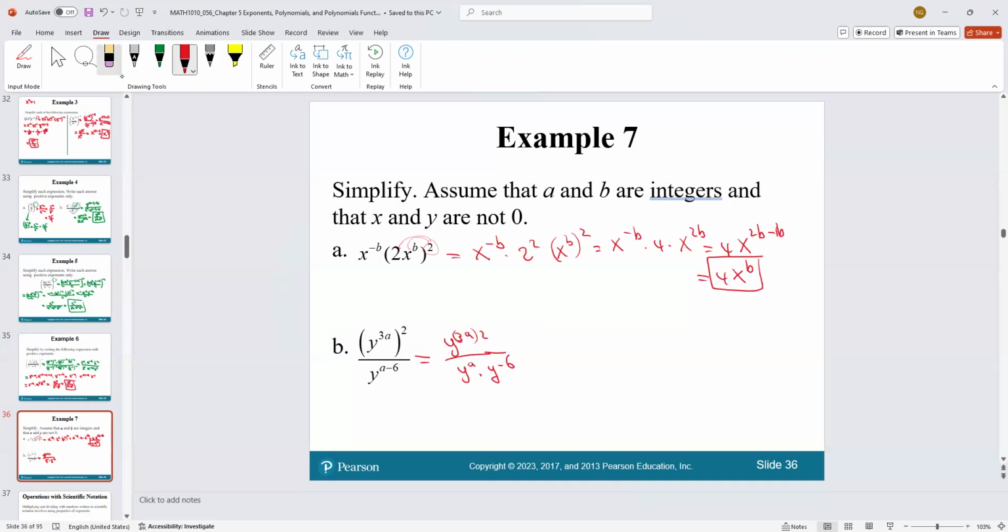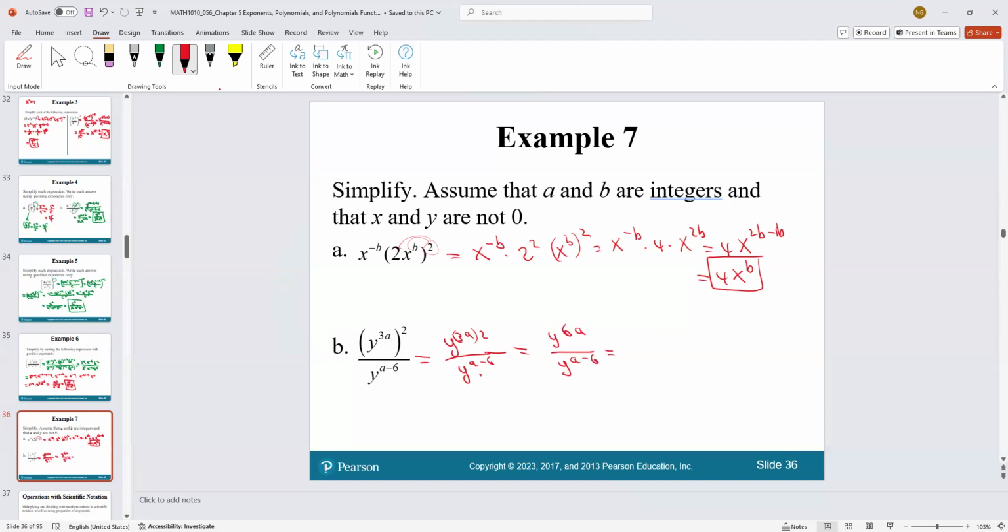But if you don't want to do that, we're going to keep it the way it is. I tried to show you different ways of doing this same thing. So we're going to have y power 6a over y power a minus 6.